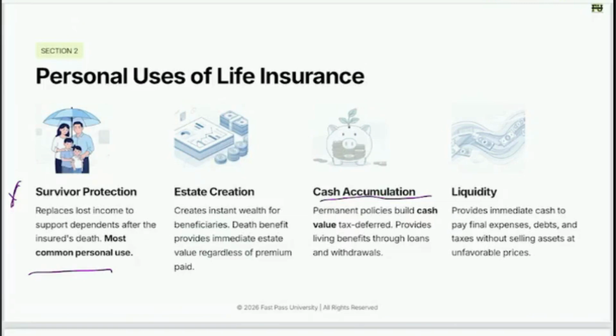And then liquidity. It provides immediate cash to pay final expenses, debts, and taxes without selling assets at unfavorable prices. So it's an instant cash payout to pay off the mortgage, or there are final expense policies in place just to pay for your funeral or cremation, things like that.